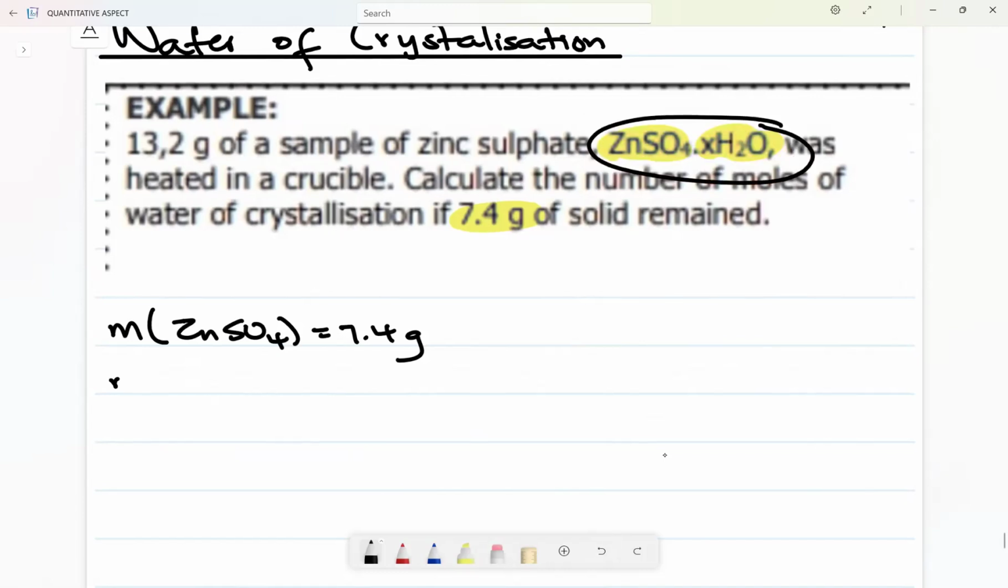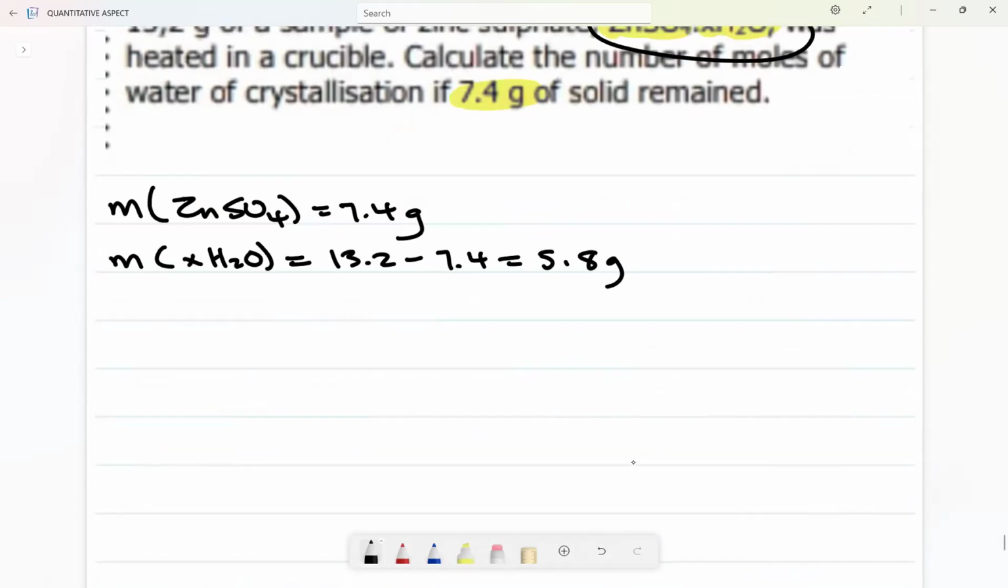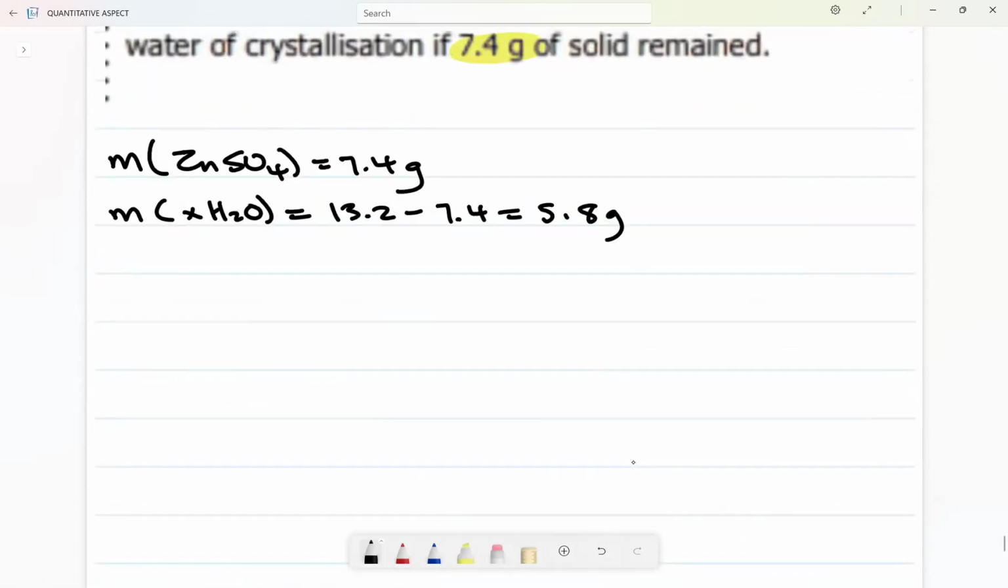So it means we're going to say mass of XH2O is going to be 13.2 minus 7.4, something like 5.8 grams. Okay. Then just convert these to number of moles.